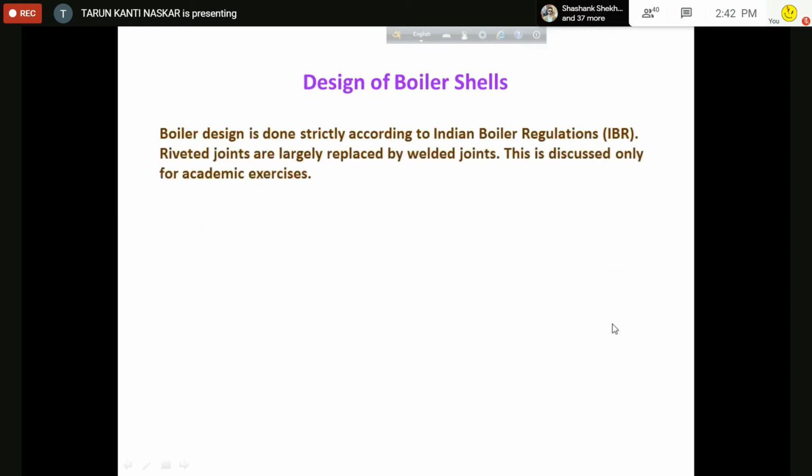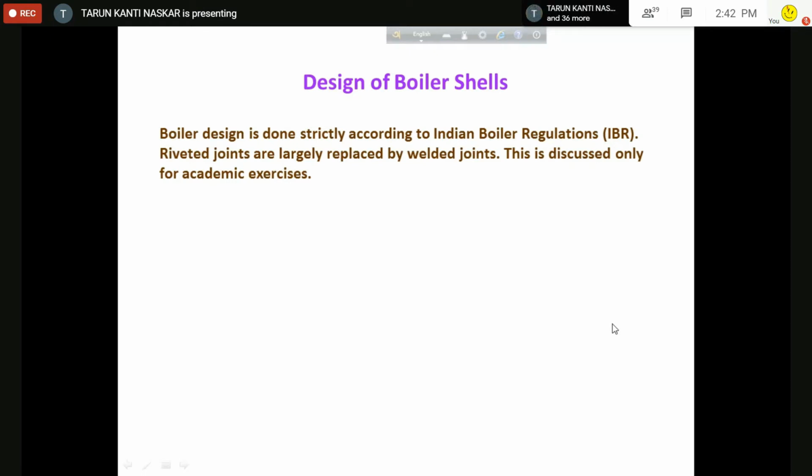Now how to design? For boiler design there is strict restriction, and those restrictions are made by the Indian Boiler Regulations. Since boiler is a very important machine element, and its failure is very much damaging, we have to follow the Indian Boiler Regulations.